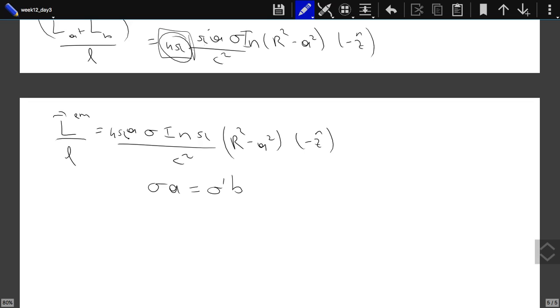So we have the conservation of angular momentum in this problem, done properly. Let's give a 5-minute break, and then we can continue.